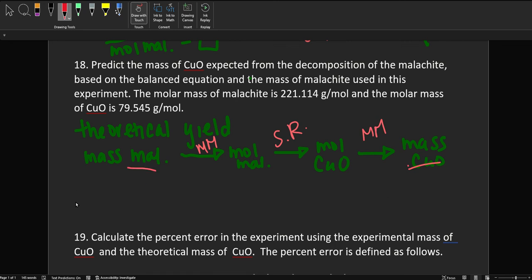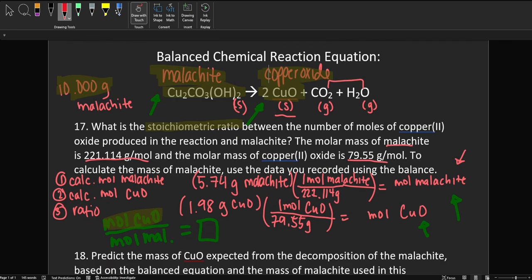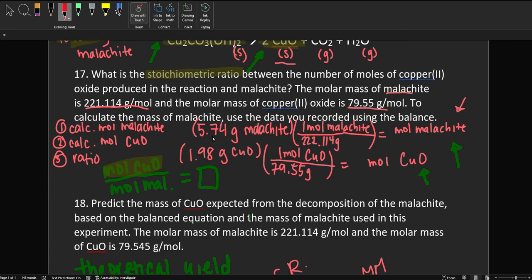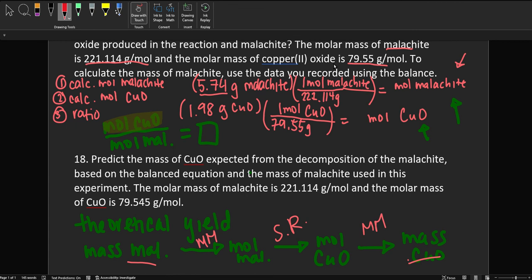So let's go ahead and set that up. So let's again go back to this theoretical demonstration world of where we started this experiment with 5.74 grams malachite. And what I can do is actually copy this over. Lucky me that I have technology, right?